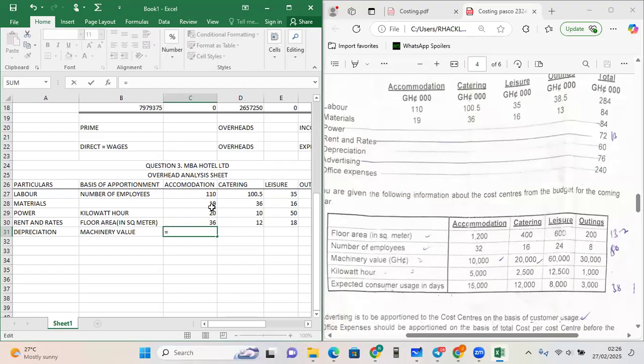So equal to 10,000 divided by 120,000 times 6.